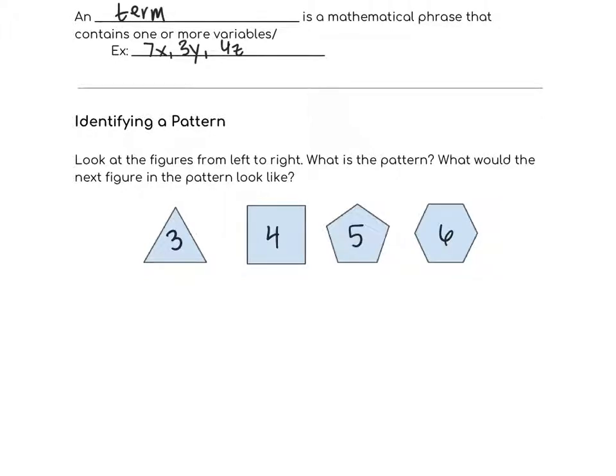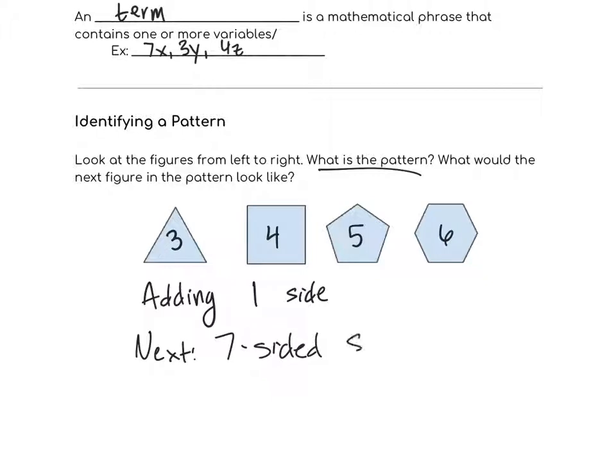Do you have an idea of how many sides the next shape is going to have? 7, right? So the pattern is adding one side. The next is going to have a 7-sided shape.